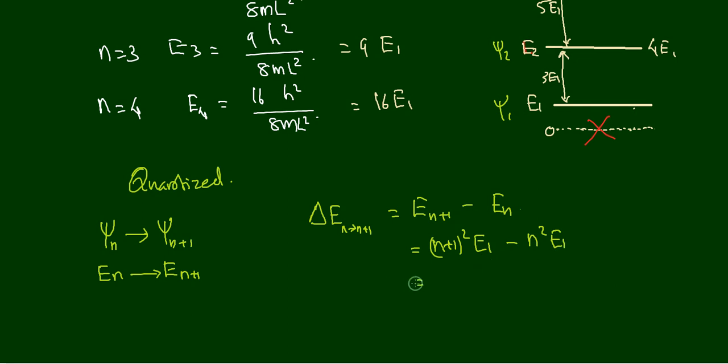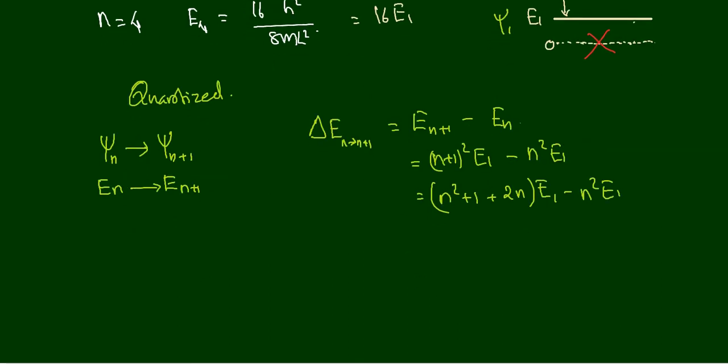So that is equal to n plus 1 the whole square, n square plus 1 plus 2n, into E1, minus n square E1. So that is equal to n square E1 minus n square E1. They will be cancelled.